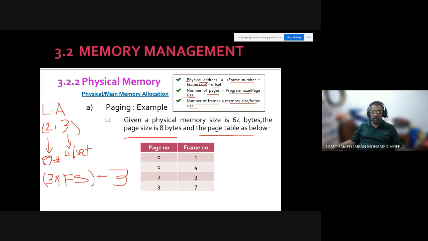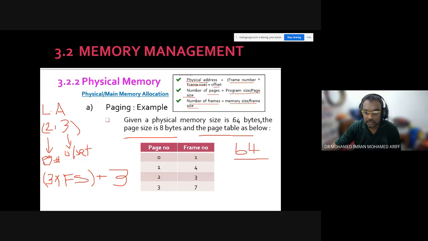Page size telah diberi, number of pages, number of frames. Okay, number of frames kita tak tahu lagi. Okay, so we have memory size 64 divide by, sebab kita kata frame size bersamaan dengan page size.